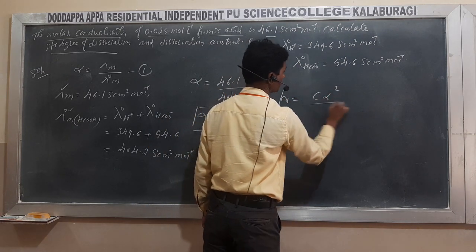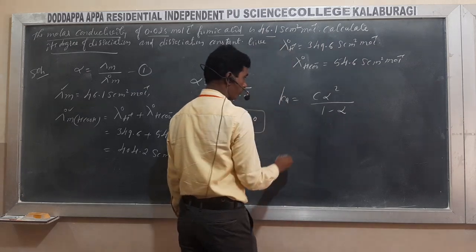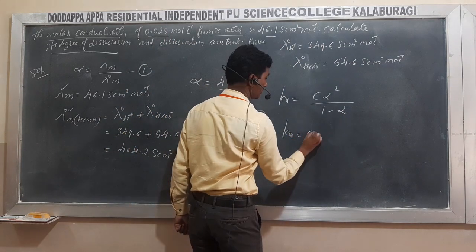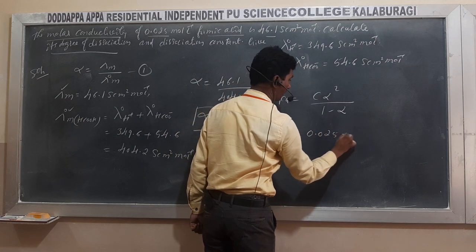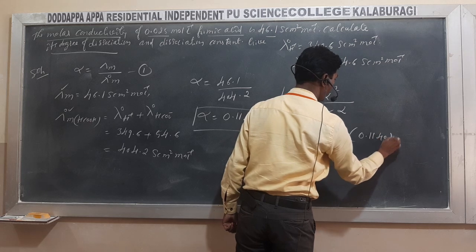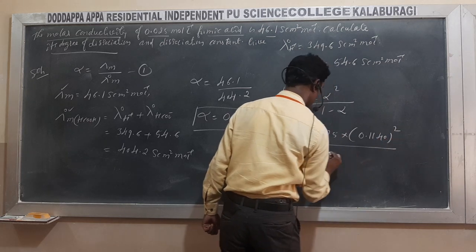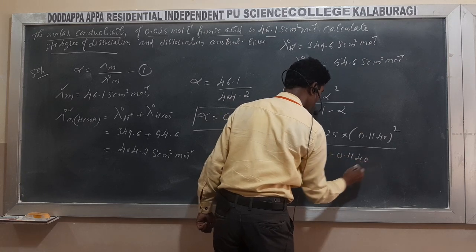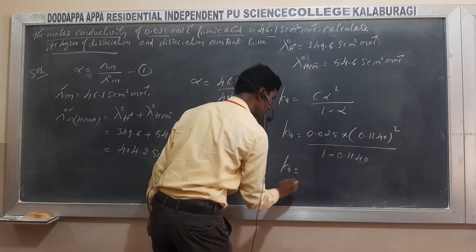After getting this degree of dissociation, I have to calculate the dissociation constant. The dissociation constant is equal to C alpha square divided by 1 minus alpha. What is the concentration? The concentration is 0.025. What is the alpha value? The alpha value is 0.1140, so alpha square is 0.1140 square, and 1 minus alpha with alpha equal to 0.1140. So now we get the dissociation constant.